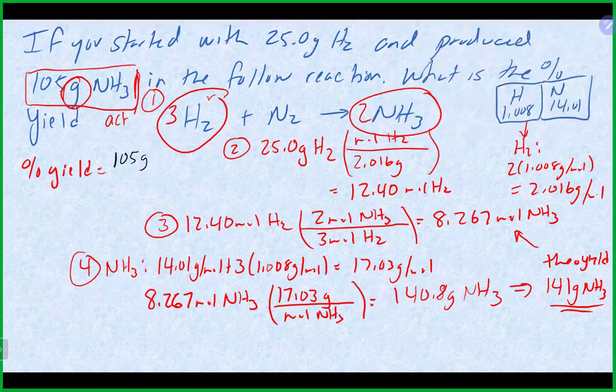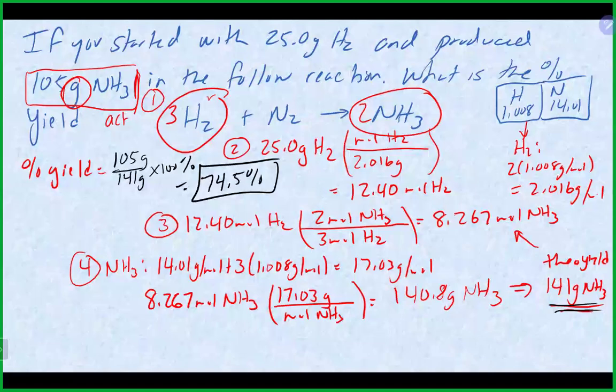We're going to take our theoretical yield we just calculated, which was 141 grams, times it by 100%. At least that worked out when I made up the numbers, so that's pretty good. 105 divided by 141 times 100. And not the greatest yield, 74.5% in this case. Probably lost some stuff along the way, I'm assuming, in this case.